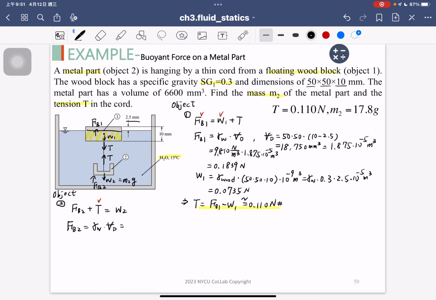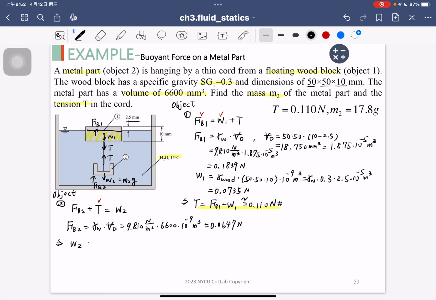And right now, the whole volume is immersed in the water, so we just apply the total volume of the metal as the question shows. So 9810 Newton per cubic meter multiplied by the total volume of the metal, 6,600, and we need to apply the 10 to the minus 9 power to convert the unit to cubic meters. That is equal to 0.0647 Newton.